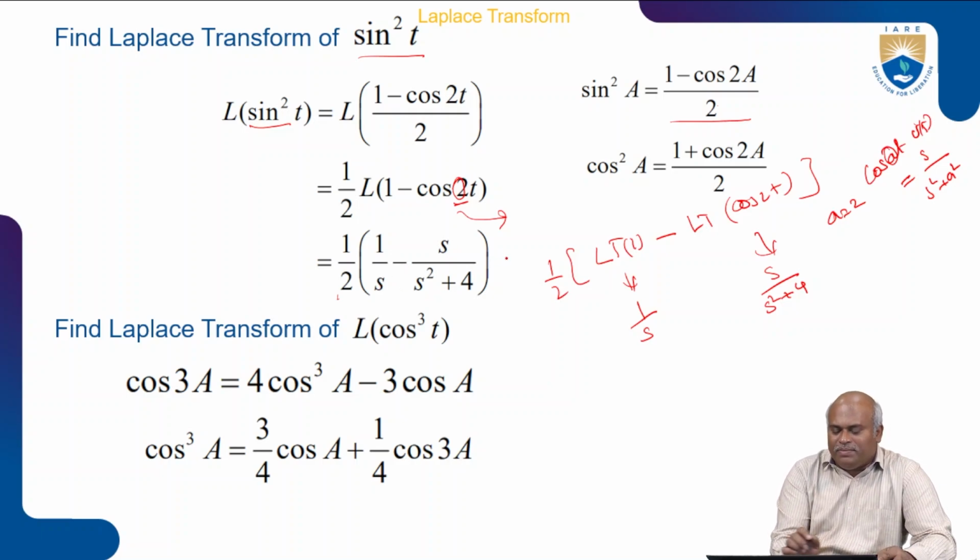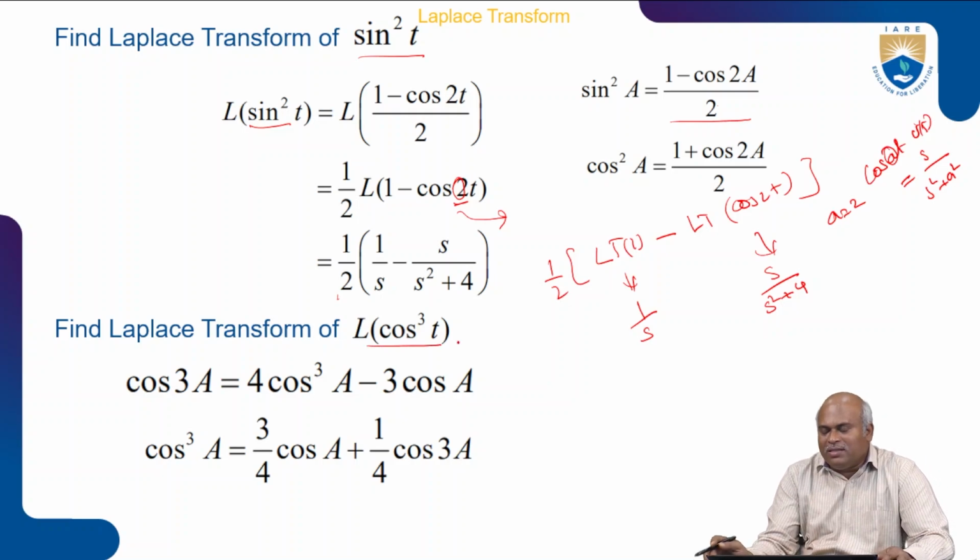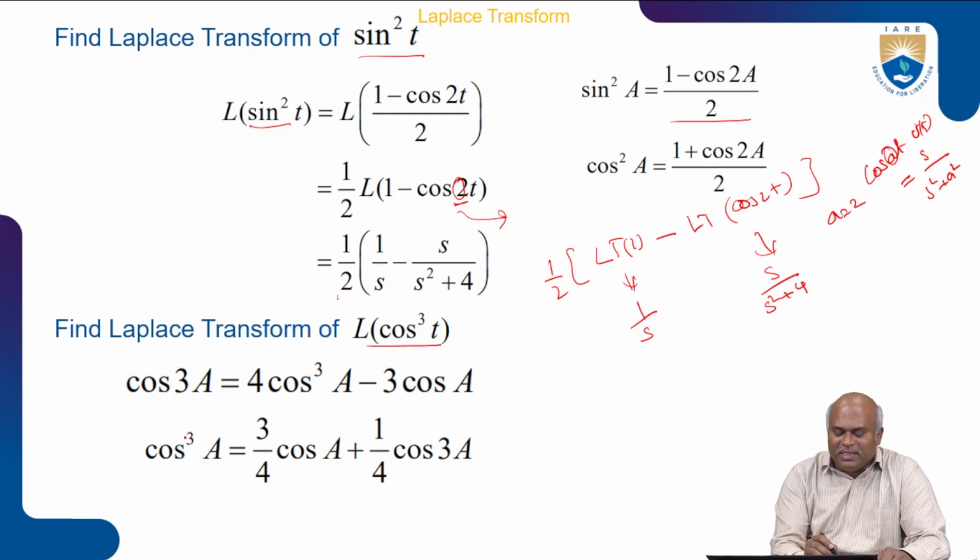Okay. Then same like that one, we go for cos cube t. So cos cube t is represented as, we know cos 3a equal to 4 cos cube a minus 3 cos a. So we find cos cube a is equal to 3 by 4 cos a plus 1 by 4 cos 3a.